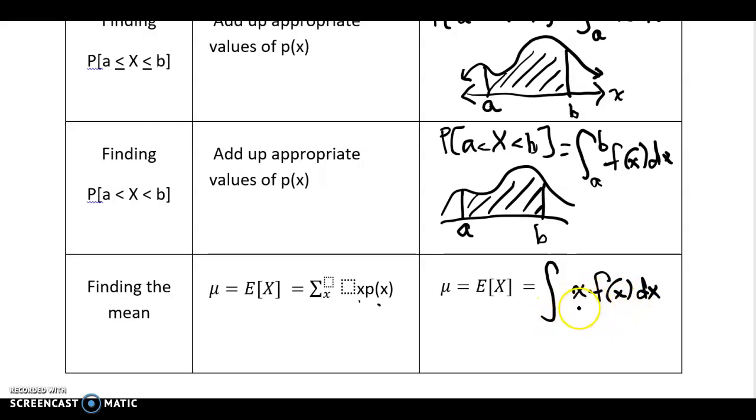Still like a weighted mean, weighted value. It's getting weighted by these f of x values. So the higher the value of f of x, it's going to weigh that value x more. And we're going to just say we're going to go from negative infinity to infinity, knowing that really this is like some maximum value and this is some minimum value.